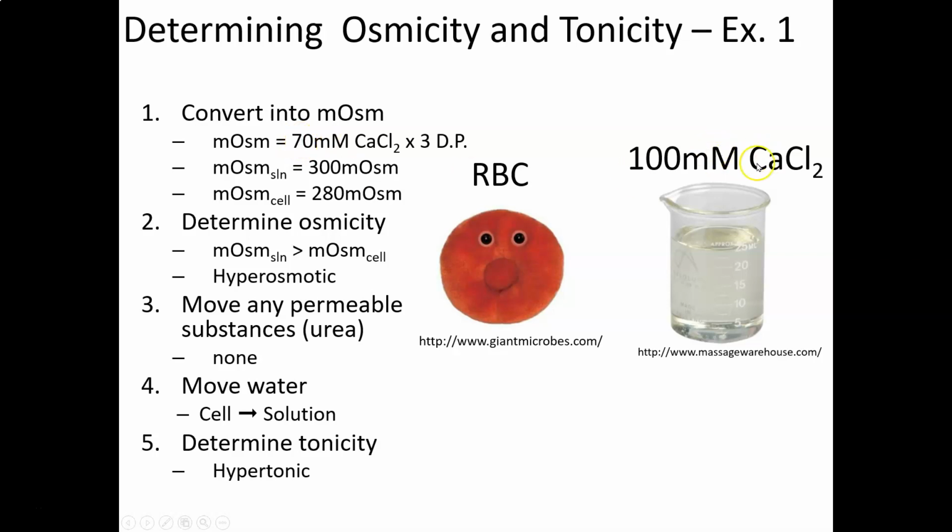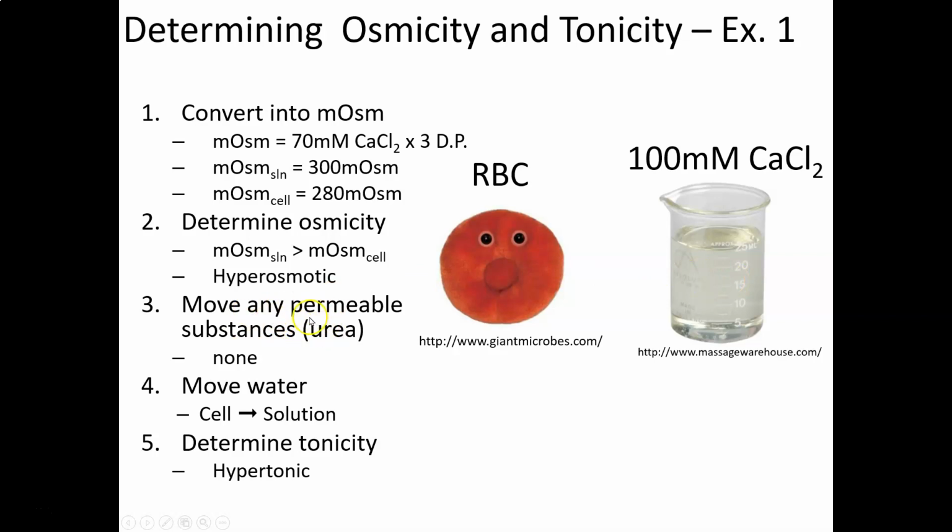So 100 millimoles of calcium chloride. You look in that table, it's 3 dissociable particles. So the milliosmoles in the solution would be 300, right? You determine the osmolarity. More particles in the solution than the cell. So it is hyperosmotic.